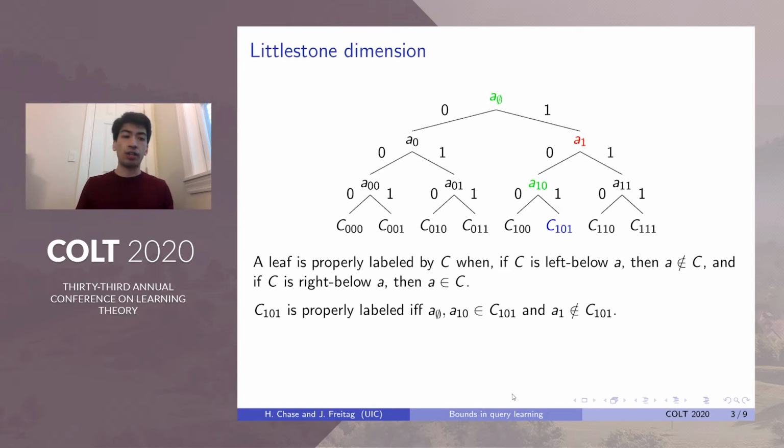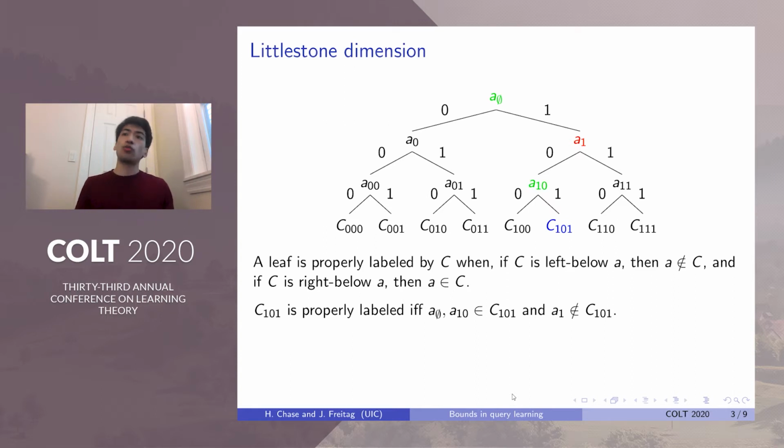The first quantity that we'll look at is Littlestone dimension. The setup for Littlestone dimension is we have this binary element tree. This is a binary element tree of height 3.